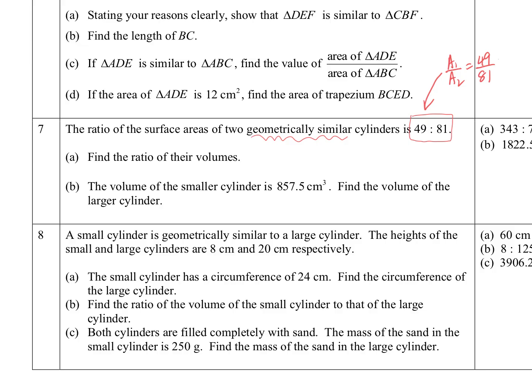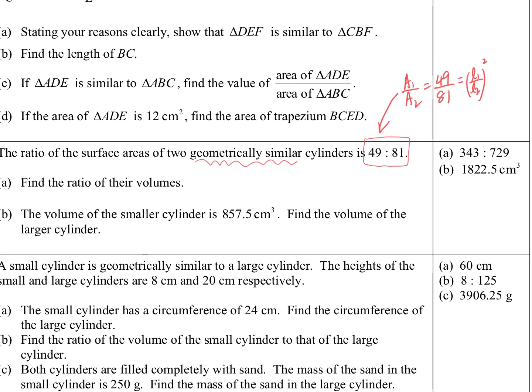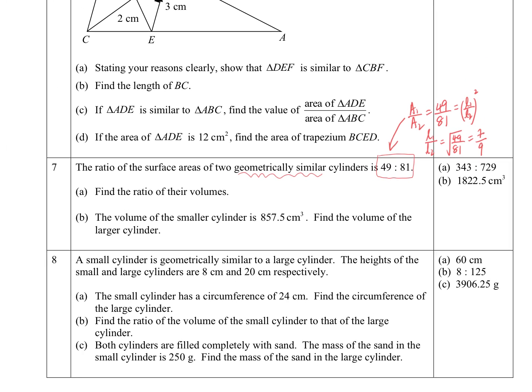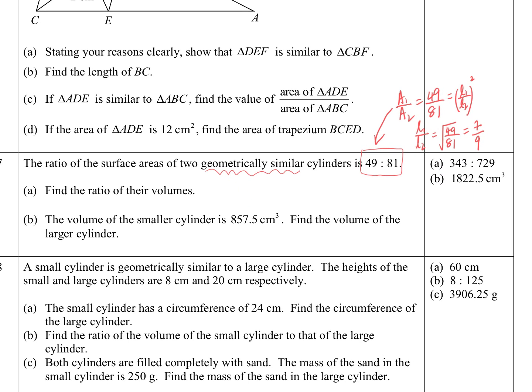So it is the same as L1 over L2 squared. To find the ratio of one of the sides, I basically need to square root it. So the ratio of one pair of the sides is always 7:9. It's good information to square root it so that you know what L1 over L2 is.